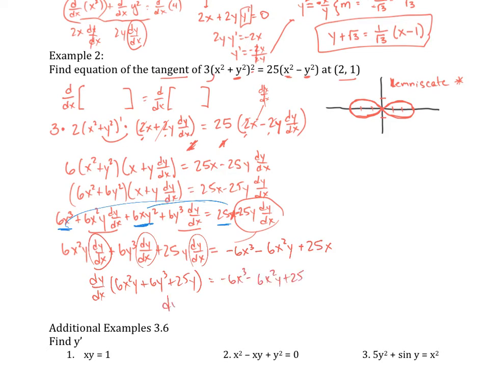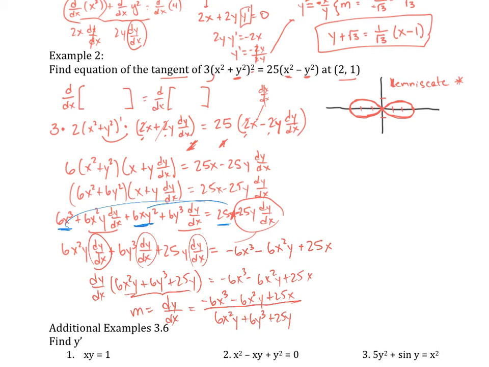Solve for this, so dy dx, and that's my slope, by the way, equals negative 6x cubed minus 6x squared y plus 25x, sorry, there was an x there, all over this stuff that I'm dividing to the other side: 6x squared y plus 6y cubed plus 25y. And that's my slope. Guess what I got to do with that slope?